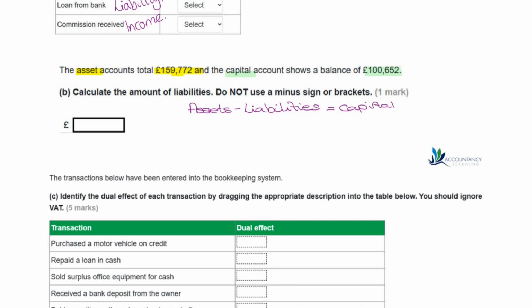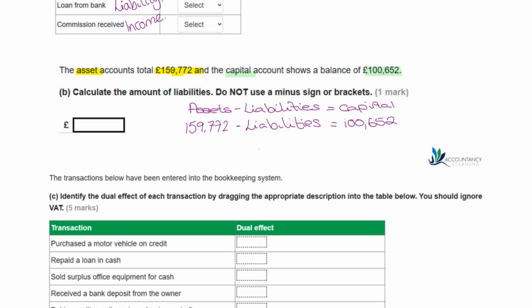So now let's put the figures in that we know. So our assets figure is 159,772. We haven't got our liabilities figure, but we have got our capital figure. So now we can move the equation around. So remember when we change sides, going back to what we might remember from our maths when we were at school, changing sides of a formula will change the sign.